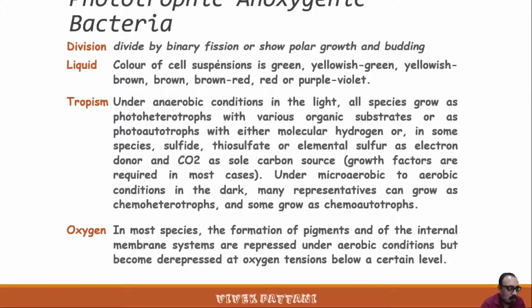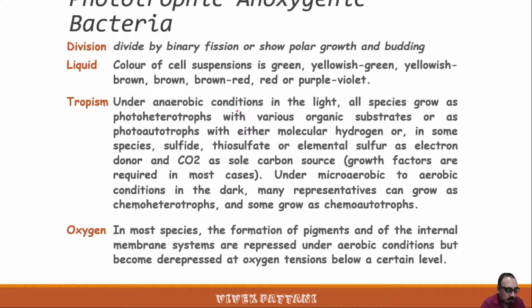They divide by binary fission or show polar growth and budding, and the color of the cell suspension is green, or maybe yellowish green, yellowish brown, brown red, or purple violet. It is due to the presence of various photosynthetic pigments as well as carotenoids present in these photosynthetic bacteria.